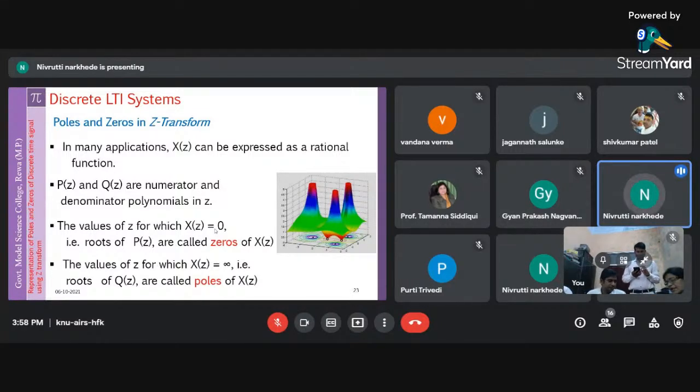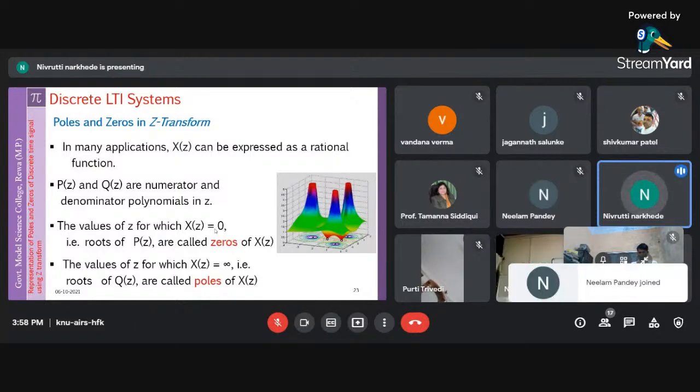So the values of z for which X(z) tends to infinity, that means the denominator of the transfer function is 0, are called poles.